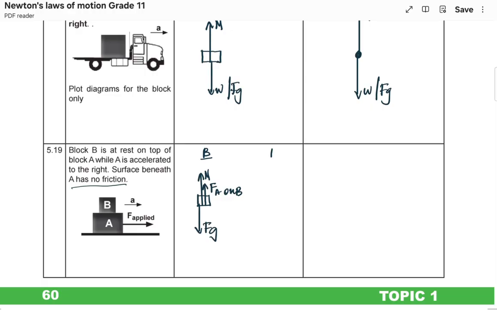Then what about A? There's a force applied.